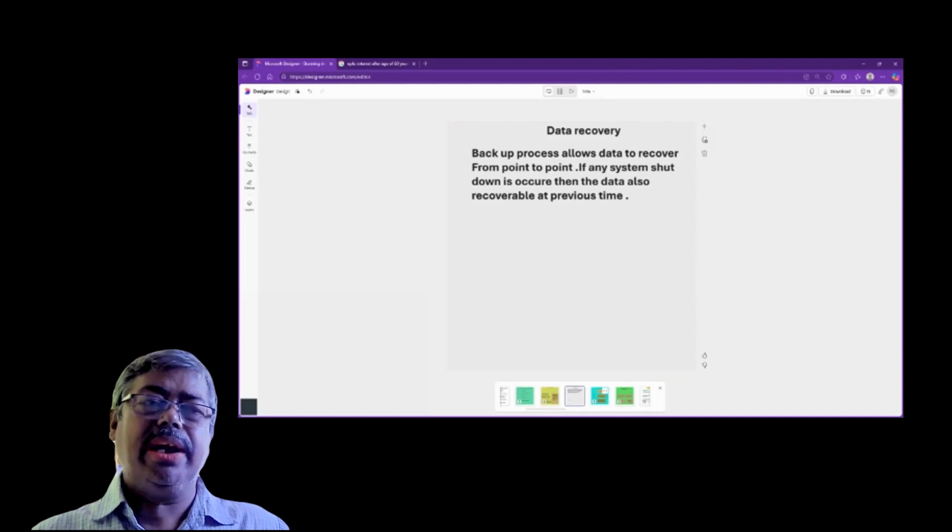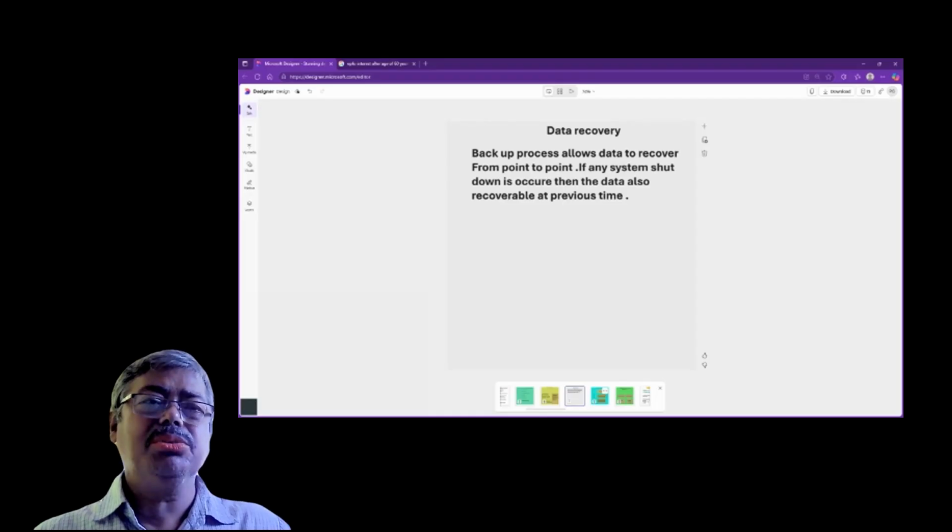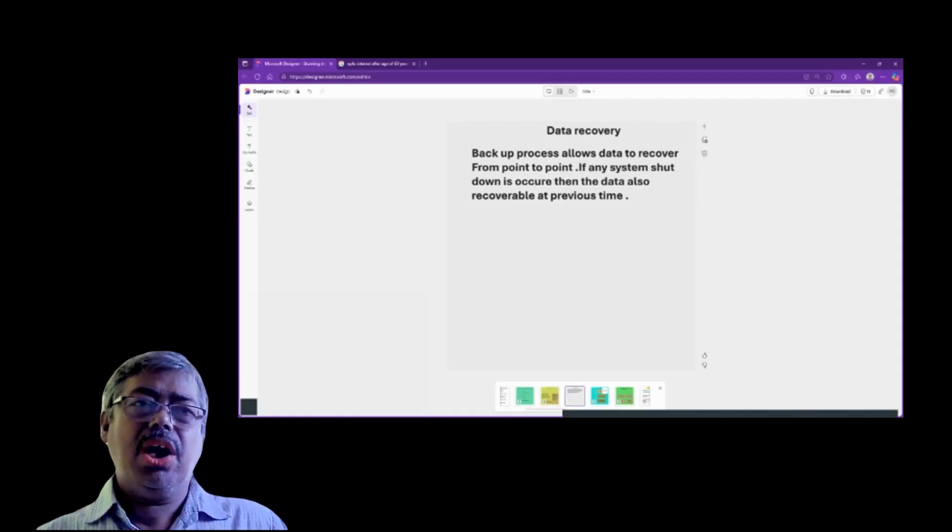Replication is a process where data is replicated at various sites of the database. So the backup process allows data to be recovered from point to point if any system shutdown occurs, and the data is also recoverable to previous times. So data recovery is the main point of a database system.